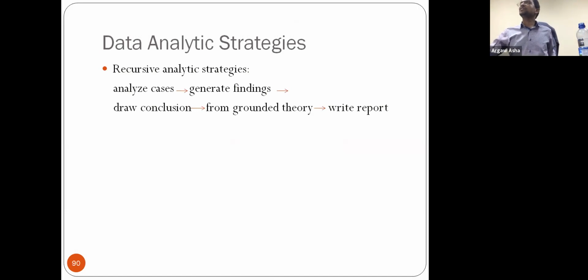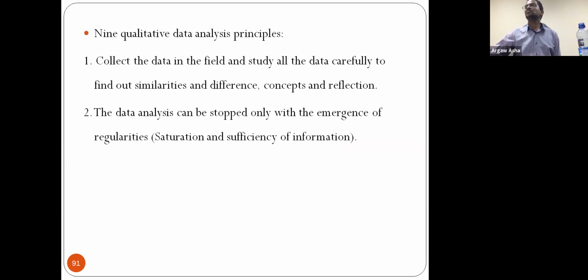The third portion is data analysis. Data analysis is the analytical strategy by which we can analyze the data. The aim is to draw conclusions from theory. When you look at qualitative data analysis, we have nine points. We can check the field and study carefully. The second is that data analysis can be stopped only with given information.